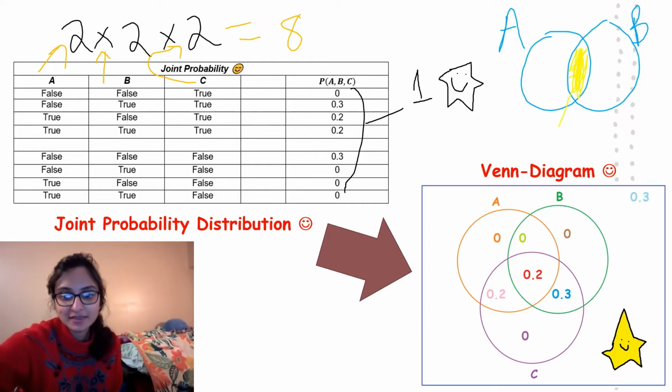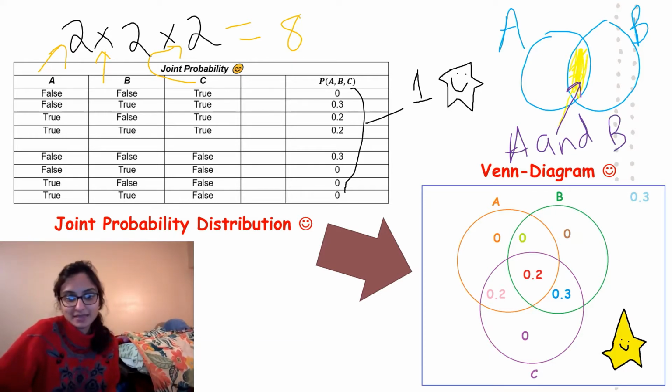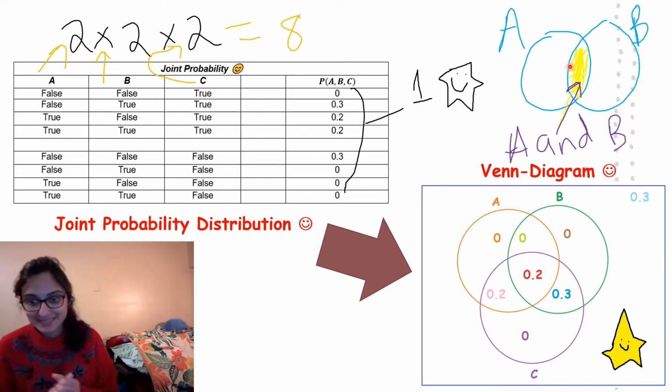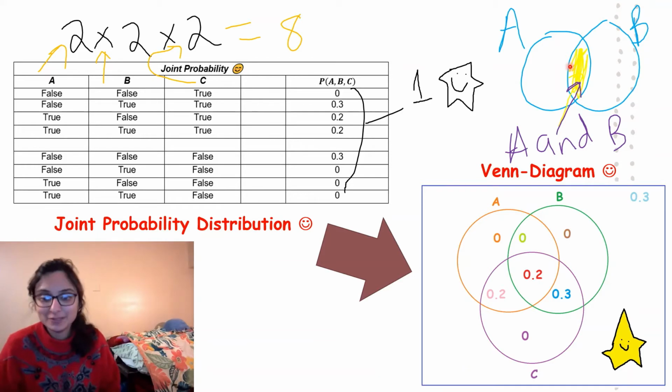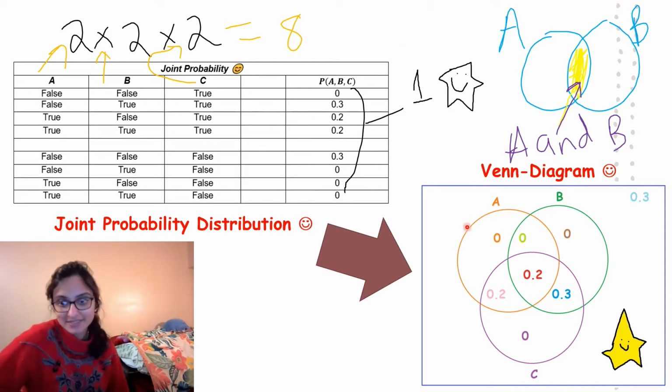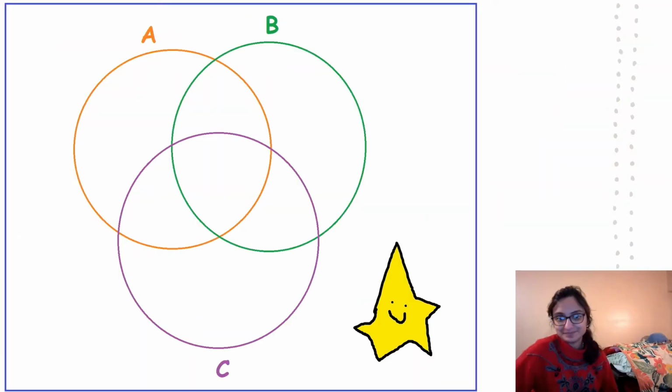This is A. And we're going to see how, when we add another variable into the loop, we can figure out what those other terms are. How can we represent each of these? So this is the joint probability distribution and the respective Venn diagram.